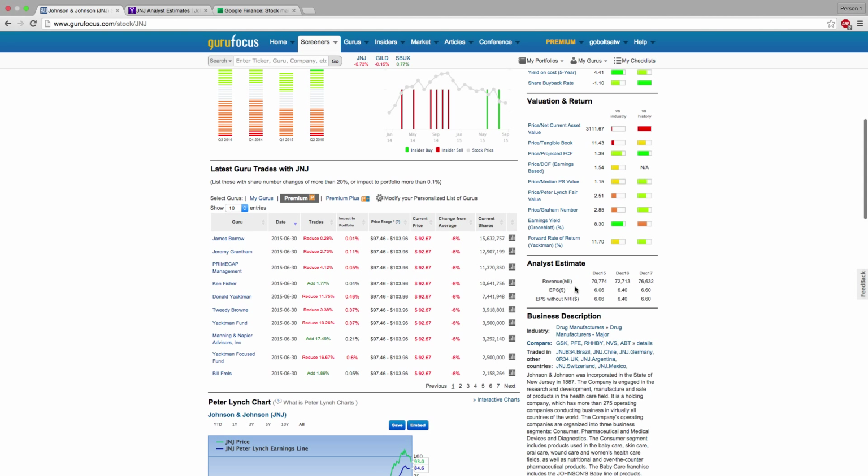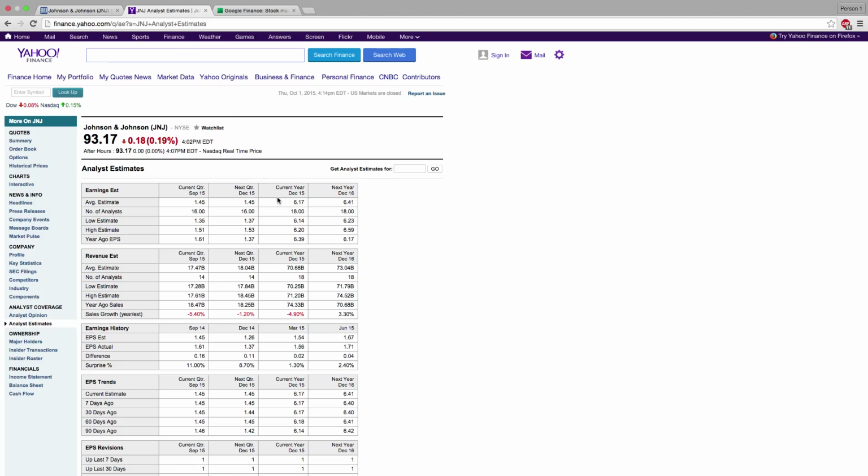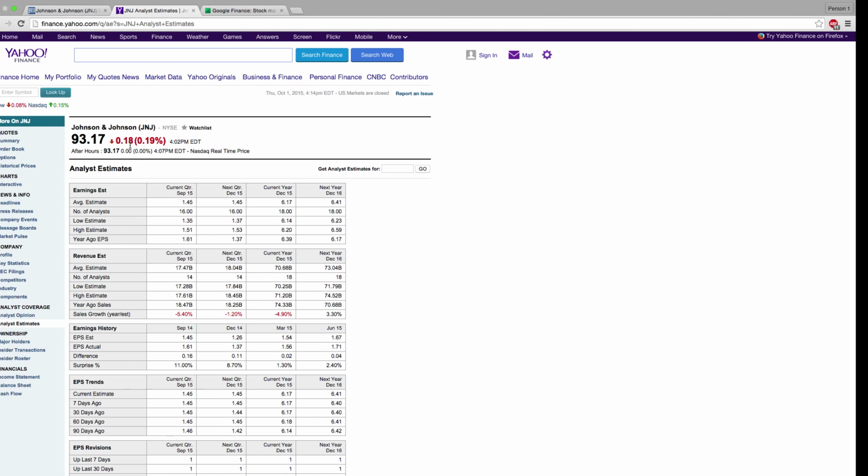Computer's a little slow here. Analyst estimate, earnings per share, 6.06. I think this is just one analyst estimate, whereas on Yahoo, it's the average estimate for these 18 analysts. So I kind of like this number a little better. Anyways, going back to our spreadsheet.